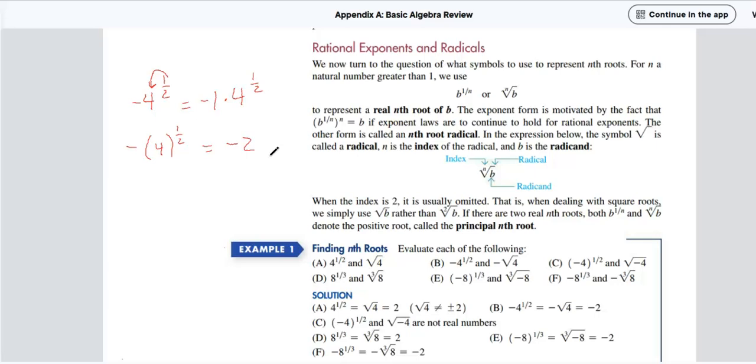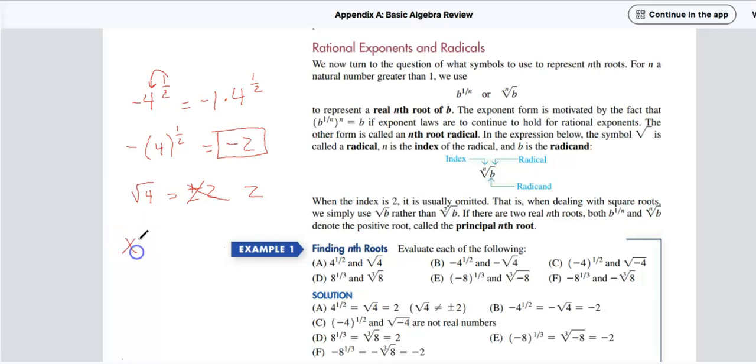However, one thing we need to understand here is that when we take the square root of 4, there's a little caution, and I'll point it out here. It is not plus or minus 2. It is only positive 2. Why is that?